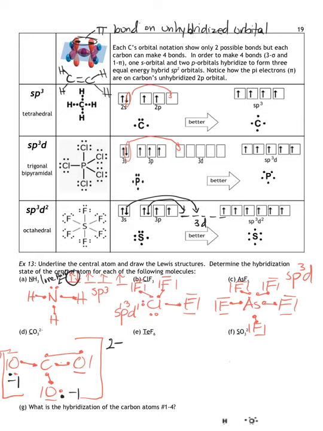With 3 hybridized orbitals, that would be sp2. So you need one s and 2 p's to make 3 hybridized orbitals. Now think about this for a second. If it's sp2, I know it's trigonal planar in shape. And notice this is a trigonal planar shape. Once again, the pi electrons don't repel to create a different geometric shape.